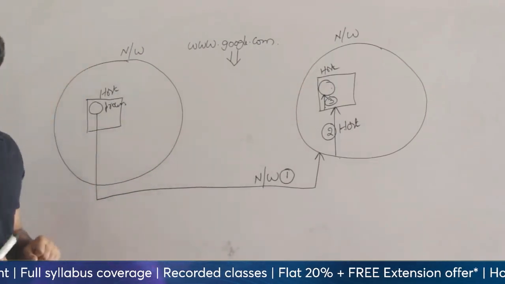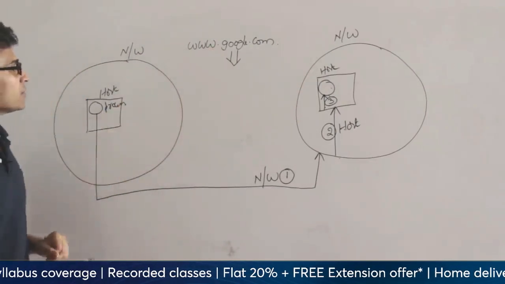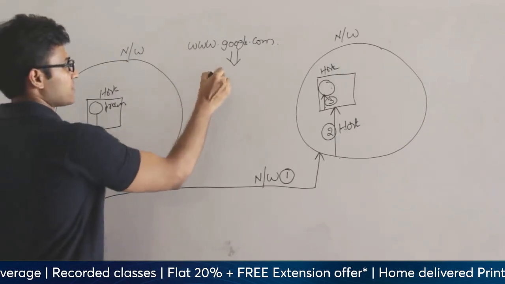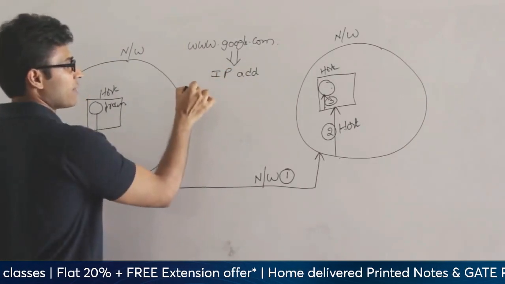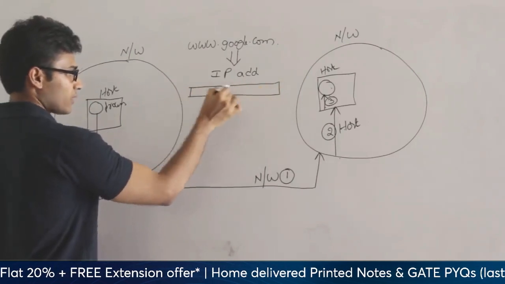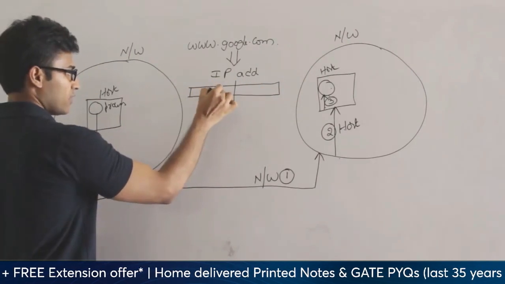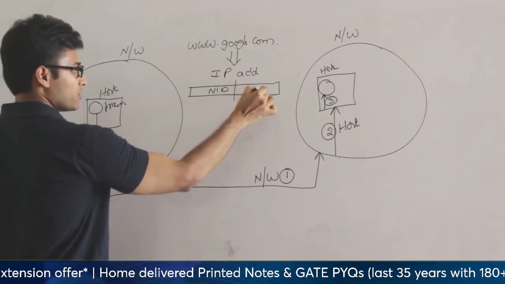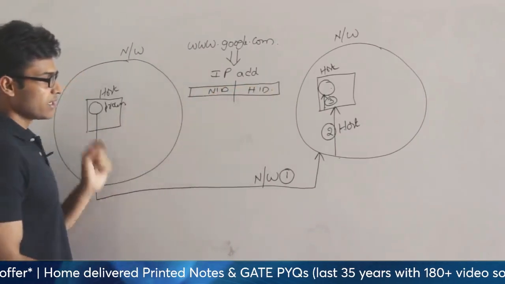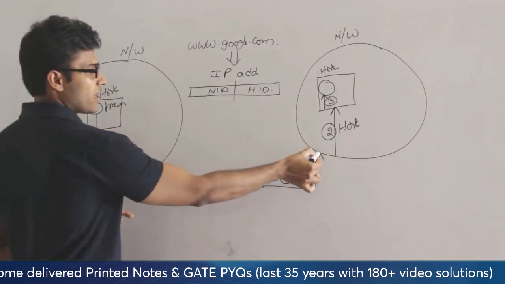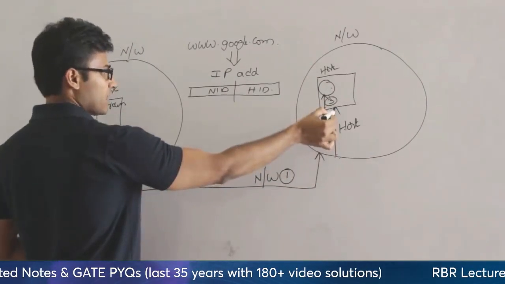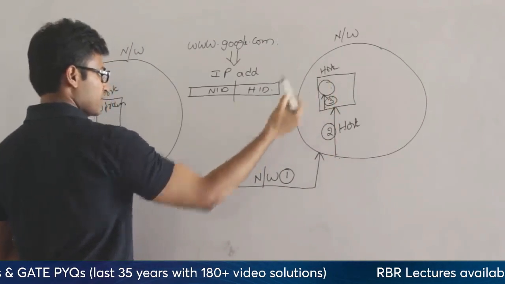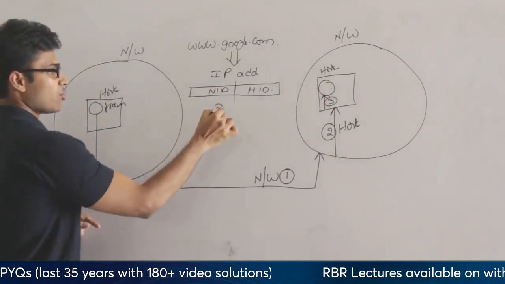So there has to be a service which converts the domain name into an IP address. An IP address will have 2 parts. One part is called the network ID and the other part is called the host ID. Therefore using the network ID we can reach the target network, and using the host ID we can reach the target host. And then in order to reach the process we need something called a port number.